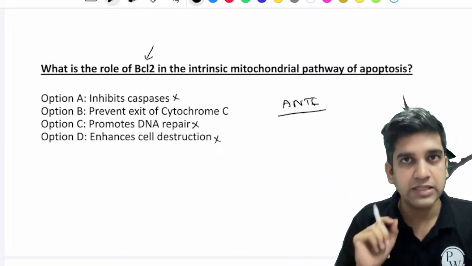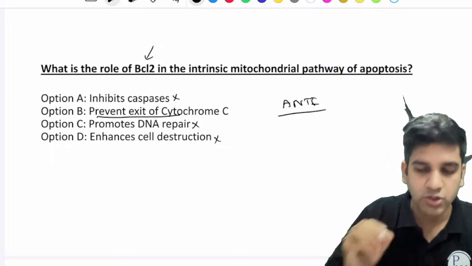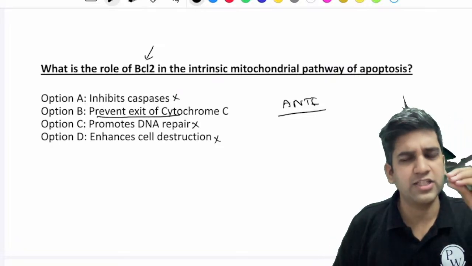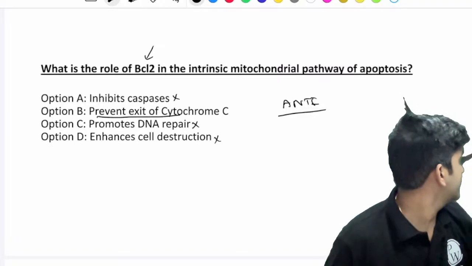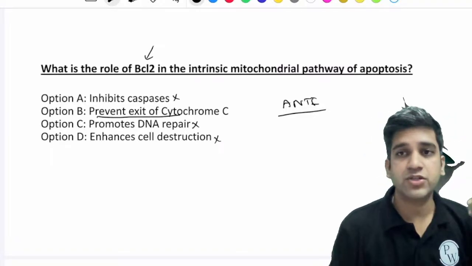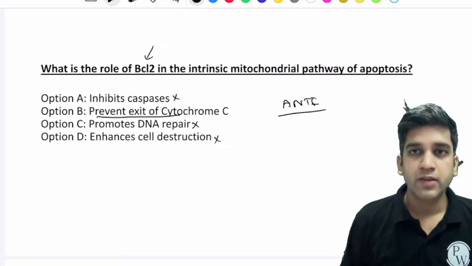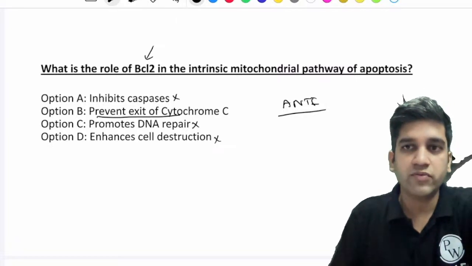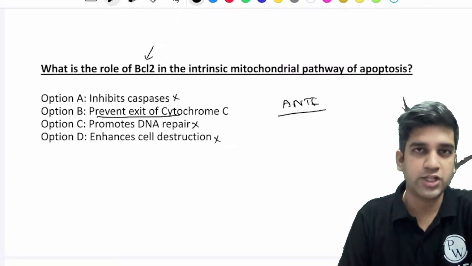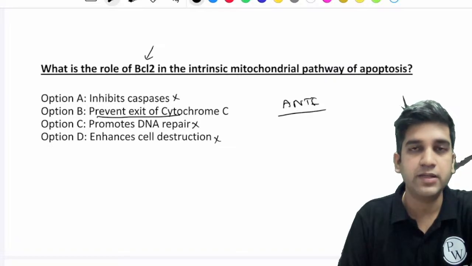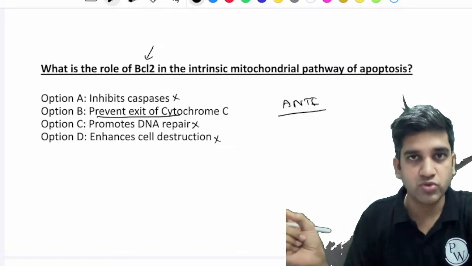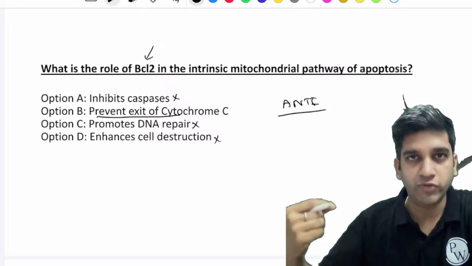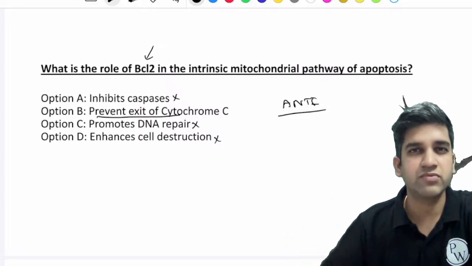What BCL2 basically does is prevent the exit of cytochrome C. It's an ion channel, it just blocks them. What's the function of cytochrome C? Perfect. It's one of the important things which helps in the electron transport chain and in the production of ATP. So if cytochrome C comes outside, the mitochondria will not work, and if the mitochondria don't work, the cell is going to die.